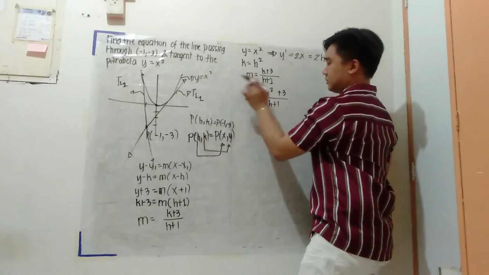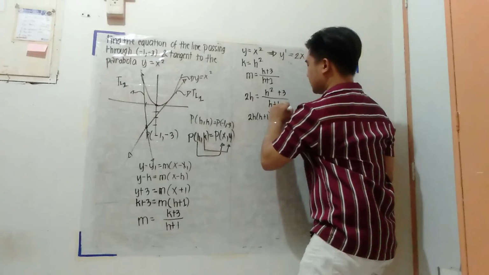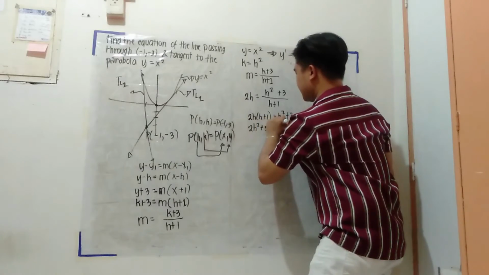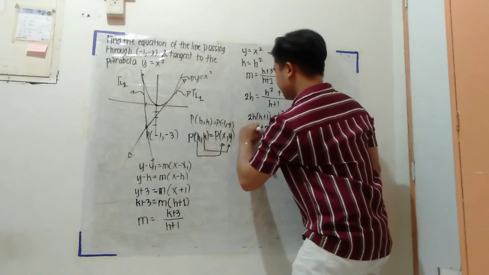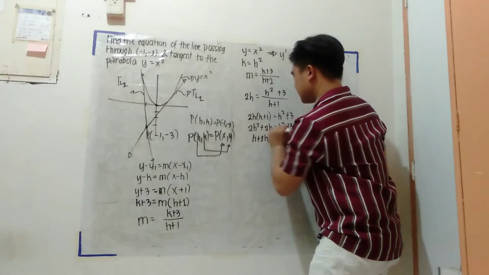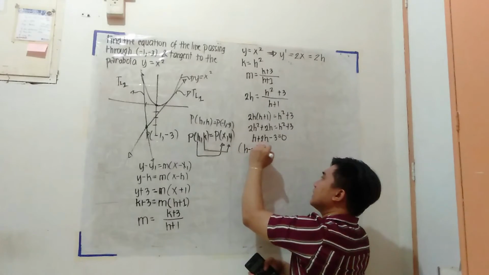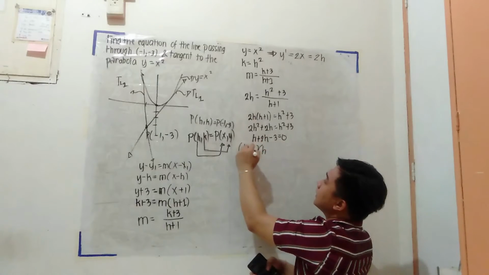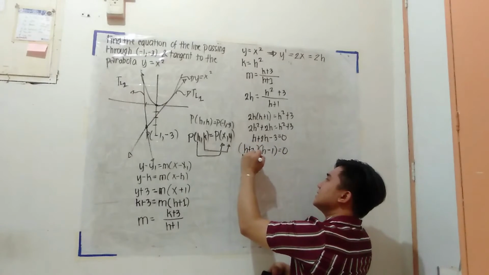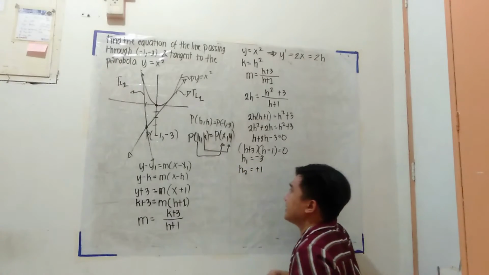Then, multiply: 2h times (h plus 1) is equal to h squared plus 3. So, this is 2h squared plus 2h equal to h squared plus 3. Or simply, h squared plus 2h minus 3 equal to 0. Kung i-factor ko to, this is (h minus 3)... rather (h plus 3)(h minus 1) equal to 0. So, h1 is negative 3, h2 is positive 1.